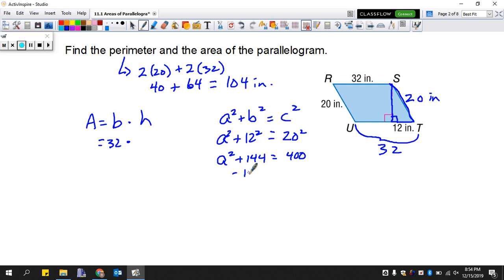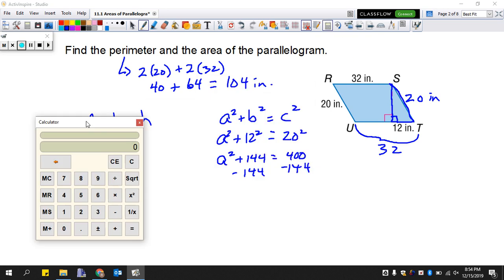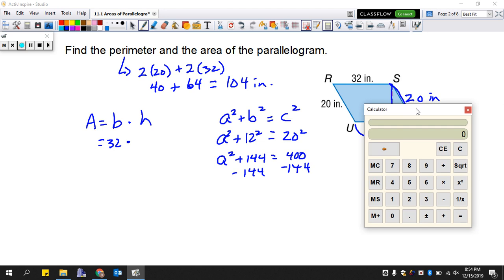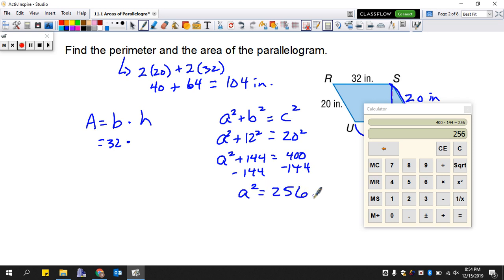We subtract 144 from both sides. Use your calculator: 400 minus 144. We end up with a squared is equal to 256.